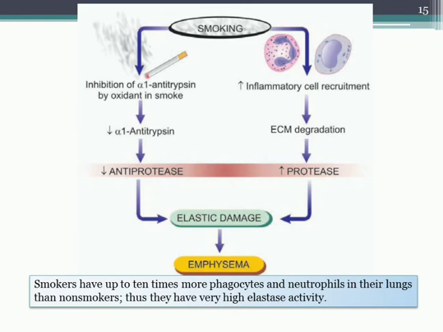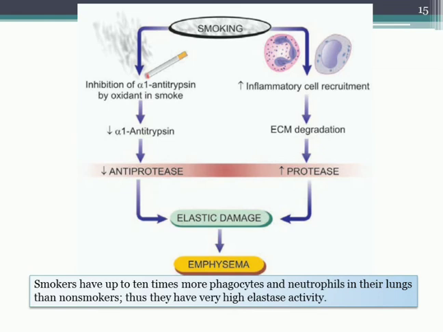Whenever there is inflammation, ECM degradation will be there. From the neutrophils, the elastase enzyme will be released. The elastase is otherwise called protease, and the alpha-1 antitrypsin is otherwise called antiprotease. So increased protease activity and decreased antiprotease activity will lead to elastic damage and emphysema.